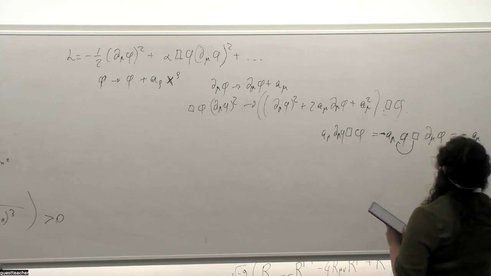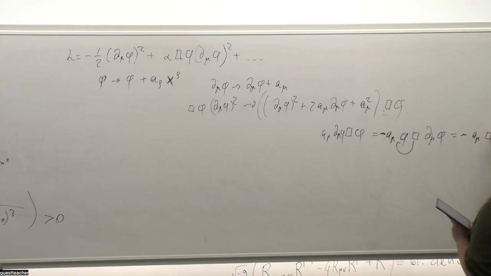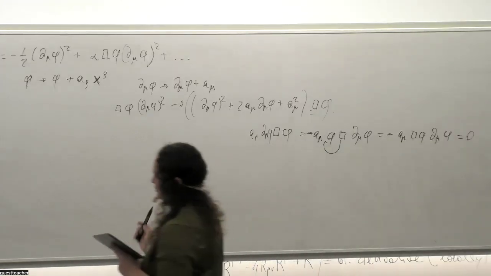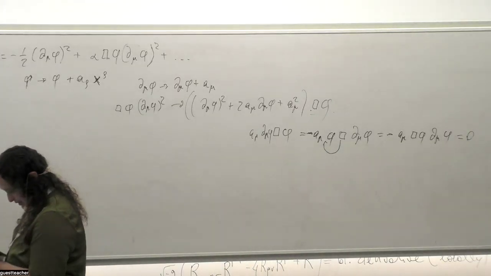So box is acting on phi, giving a^mu box phi d_mu phi. So we got that a^mu d_mu phi box phi is equivalent to minus itself, and it means that it's just 0. Sorry, I forgot a bit how it was derived precisely.